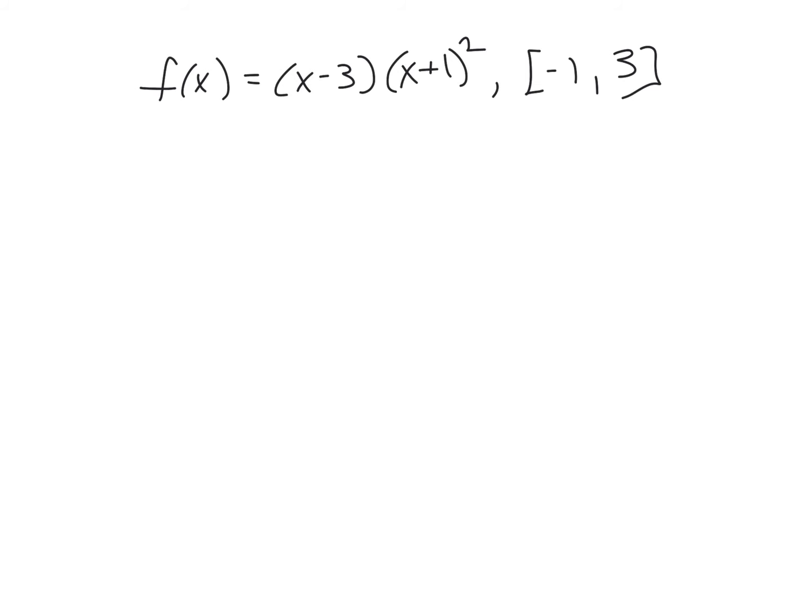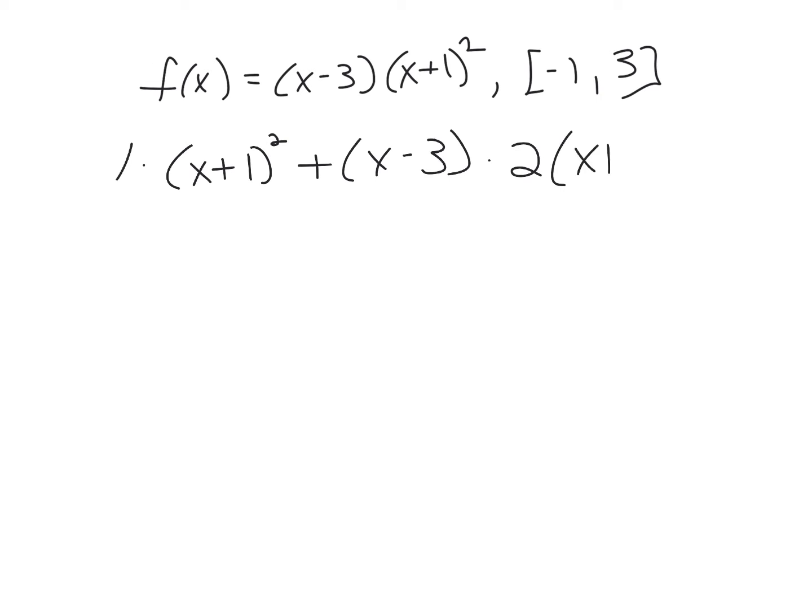I use the product rule. The derivative of x minus 3 is 1, so 1 times (x plus 1) squared, plus (x minus 3) times 2 times (x plus 1) to the power of 1 times the derivative of the inside, which is 1.